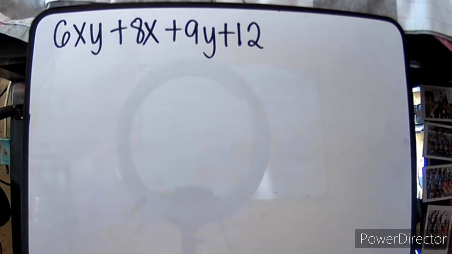Kapag 4 terms, kagaya ng nandiyan sa whiteboard, pwede natin i-group by 2 binomials or by a trinomial and perfect square yung isang term na matitira.